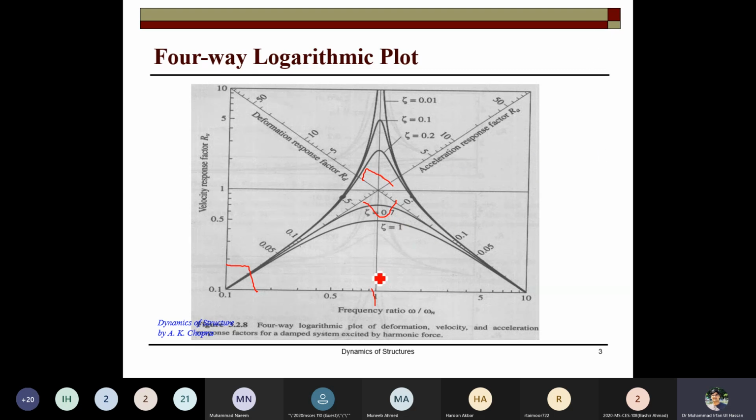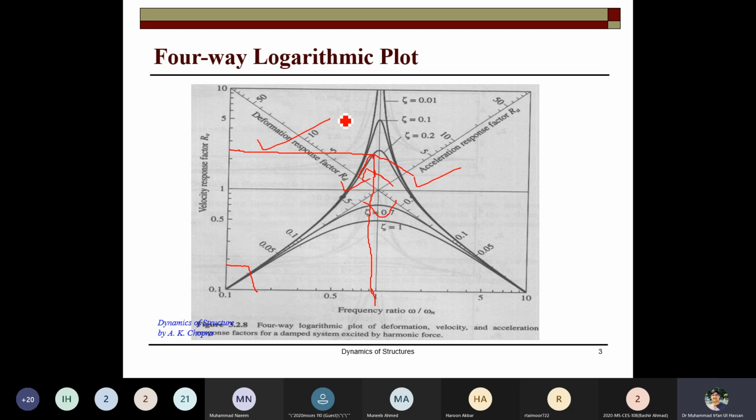For example, if you want to see this damping ratio 0.2, you go to this, you see the displacement response, you take the perpendicular on this axis. So all the three responses can be seen simultaneously.